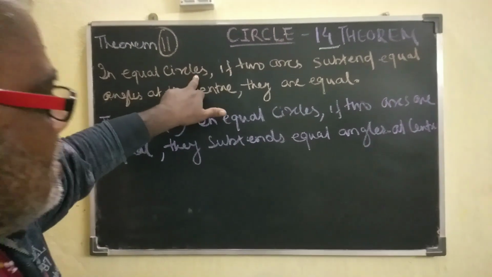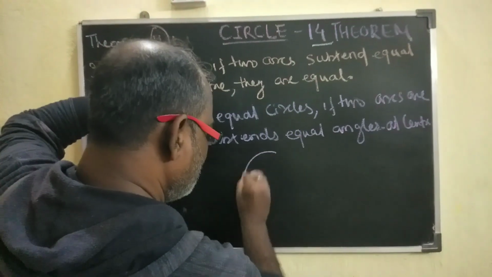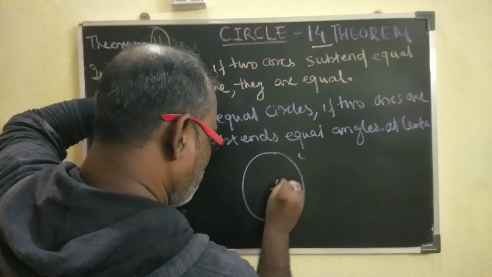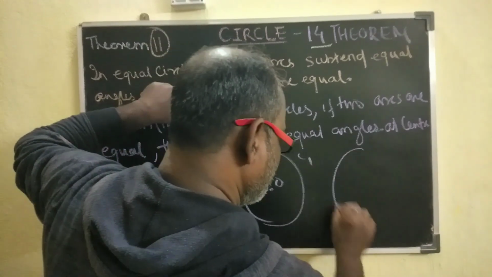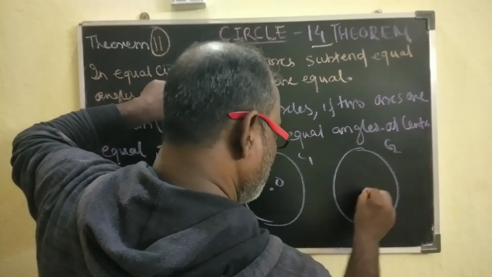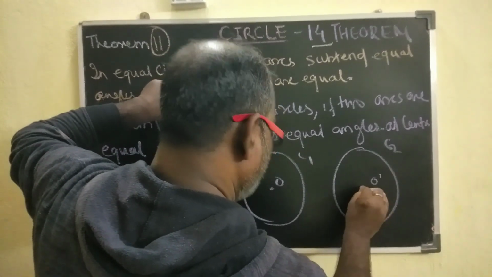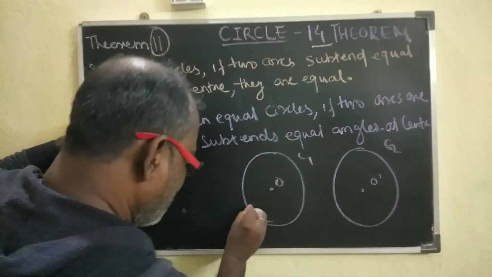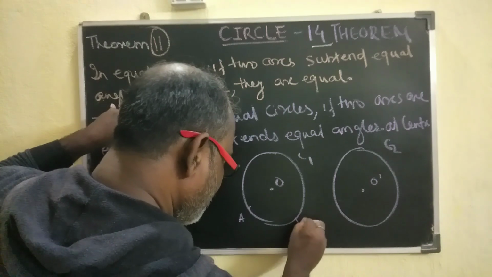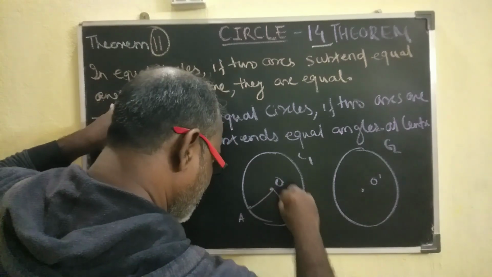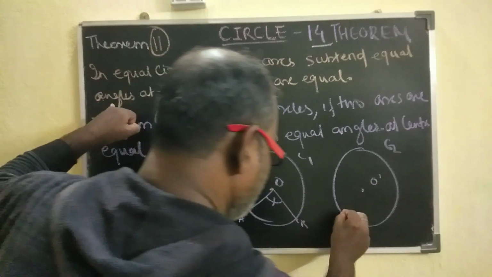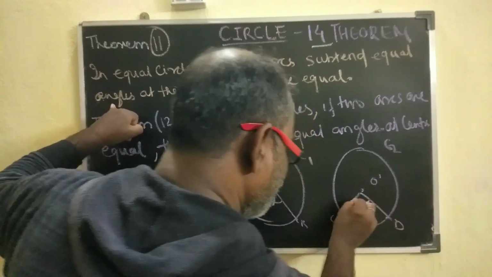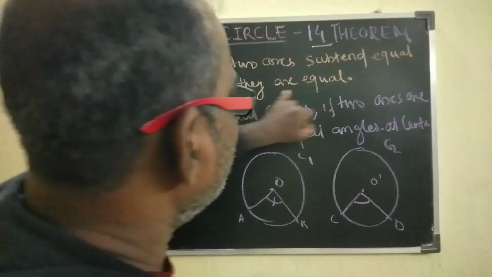In equal circles, let the circles be in this way. This is circle C1 with center O, and this is circle C2 with center O dash. If two arcs subtend equal angles, let arc AB and arc CD, this angle at the center, they are equal.